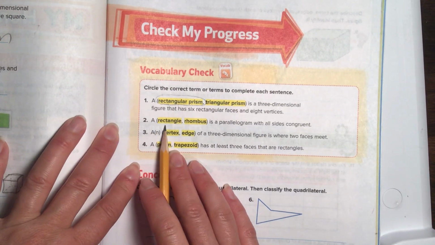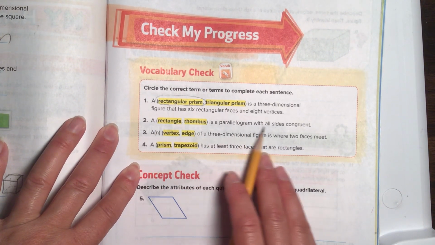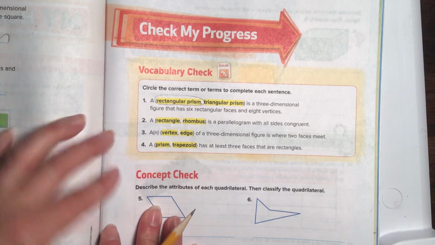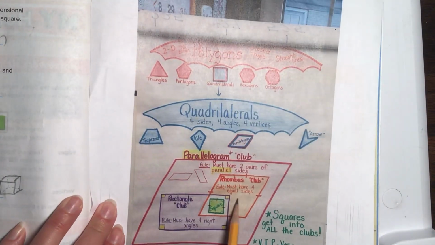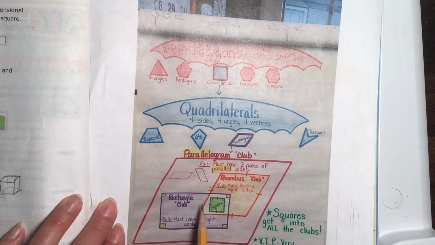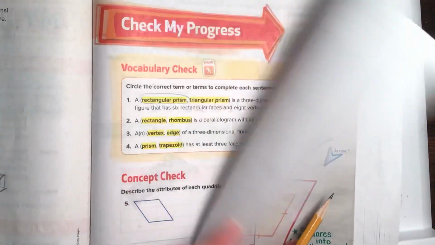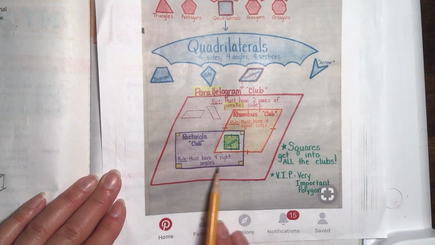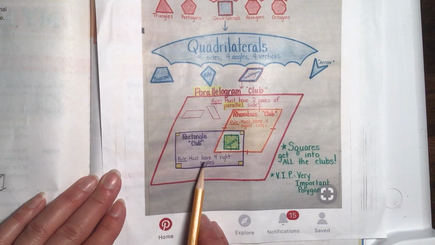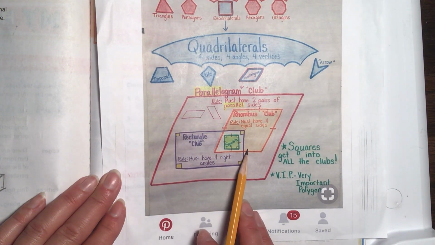Next one, a rectangle or a rhombus is a parallelogram with all sides congruent. So let's look at this, our handy dandy little note. So we're talking about either rhombuses or a rectangle. Now congruent means all sides are the same. I'm looking at the rectangle and there are 2 parallel sides that are longer and then 2 parallel sides that are shorter.